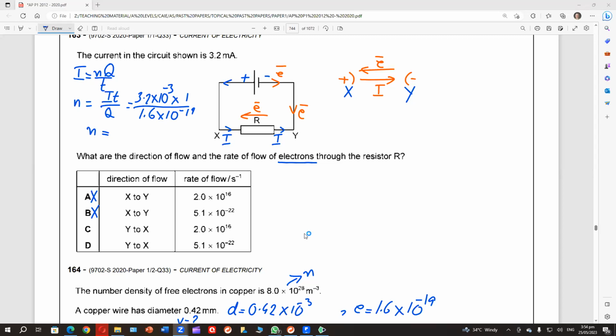Ali, can you hear me? If you can hear me, please, can you solve this part calculation?